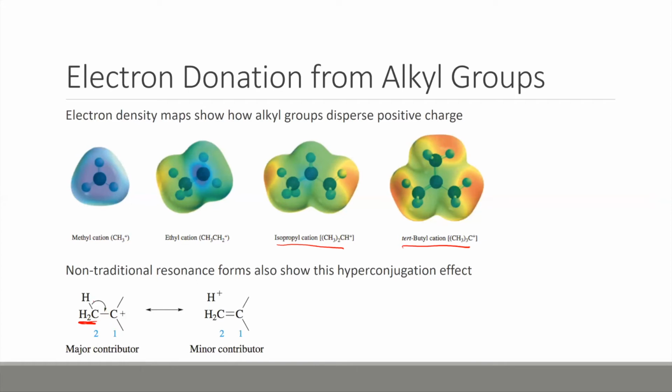And you can see that hydrogens can lose their electrons, the C-H bond electrons, to help stabilize in this double bond. Now, this is still the major contributor when we're not breaking the double bond. That's why it's a non-traditional resonance form. But its availability to do this, the more carbons are around, will help stabilize the molecule.